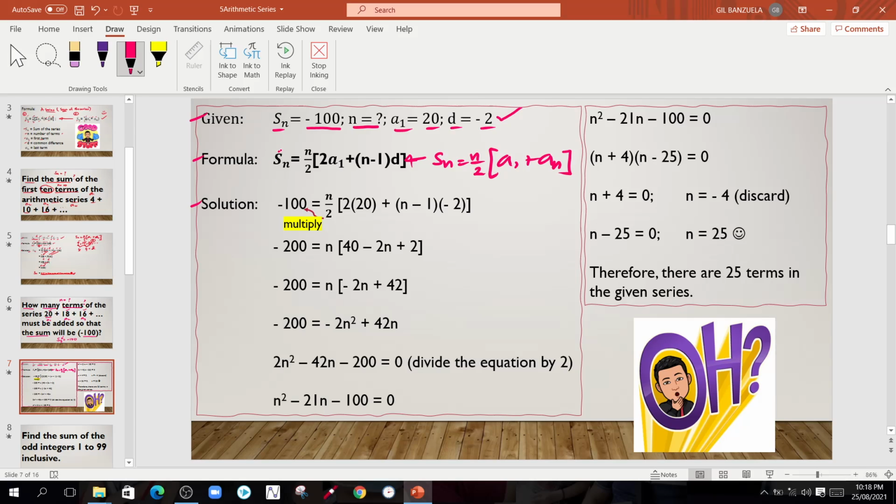So, therefore, wala tayong choice but to use the first formula. Okay? So, the sum of the series is equal to half of the number of terms, twice the first term, plus a quantity of the number of terms minus 1 times the common difference. Then, let's plug in all the given. From the given, binigay sa atin yung sum ng entire series which is negative 100.